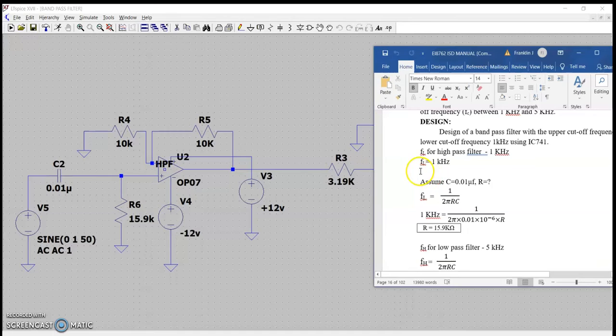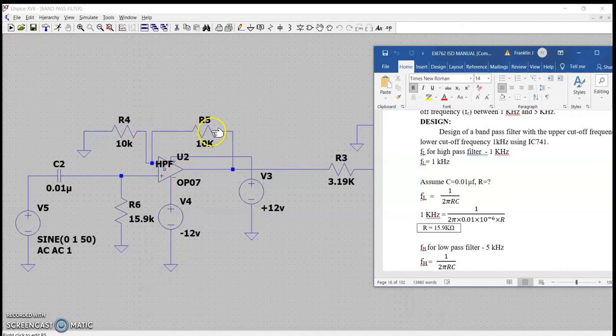So I am substituting fL equal to 1 kilohertz, and I assumed the capacitance value is equal to 0.01 microfarad. Then I find the R value as 15.9 kilo ohms, so that is what I am substituting over here. So R6 and C2 are used to find out the lower cutoff frequency of the HPF.